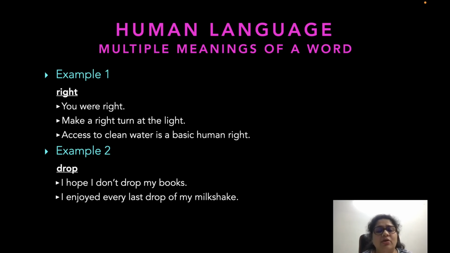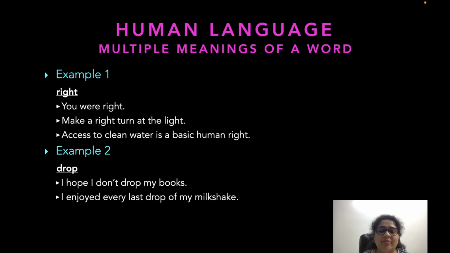Another statement: "Make a right turn at the light." Here, right doesn't signify correct, rather it signifies direction. And the third sentence: "Access to clean water is a basic human right." Here the meaning of right is entirely different. It is talking about a human right.